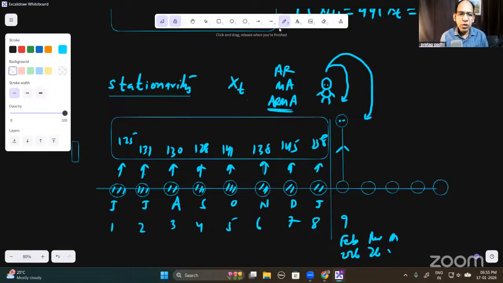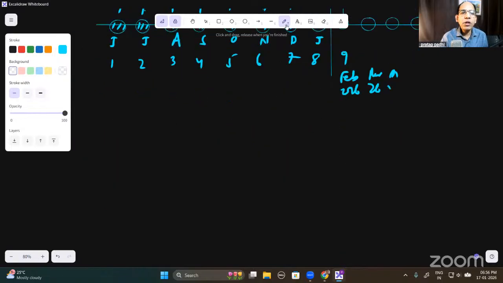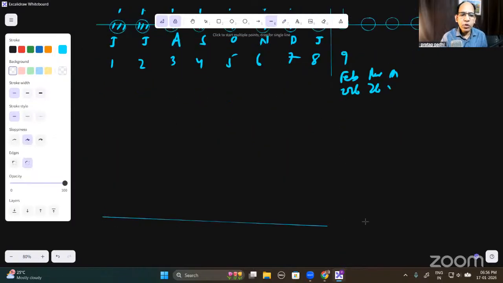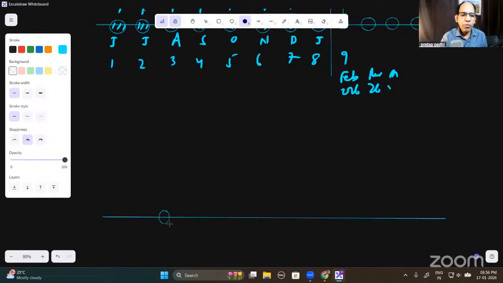This is the next part of today's class. But stationarity means what? The joint distribution. Let me write here. Suppose you consider any 2 points, or 3, 5, whatever. For simplicity, I'm taking 2 points here. After 100 years also, the joint distribution of 2, 3, 4, whatever.